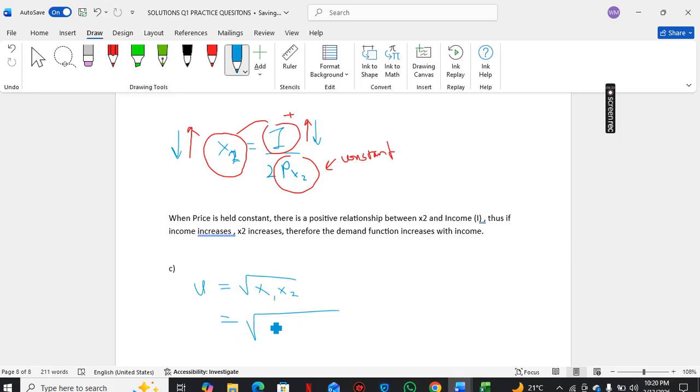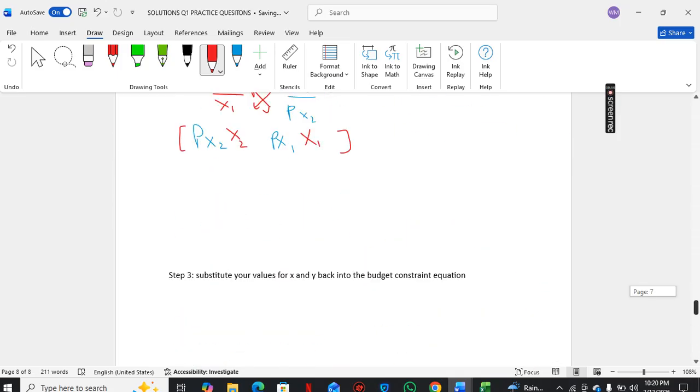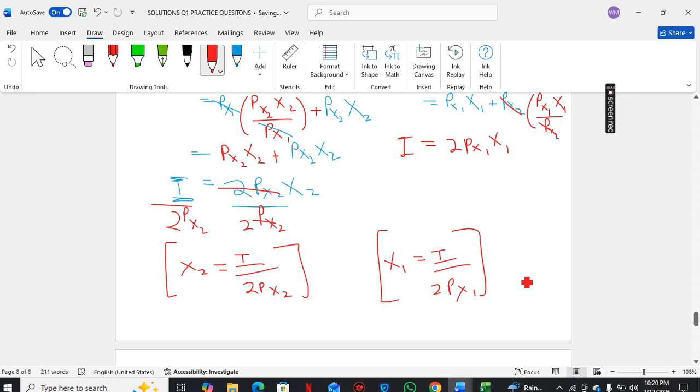X1, remember it's I over 2px1, and x2 is I over 2px2. We're just using these that we got here, x1 and x2. These are the ones that are good.